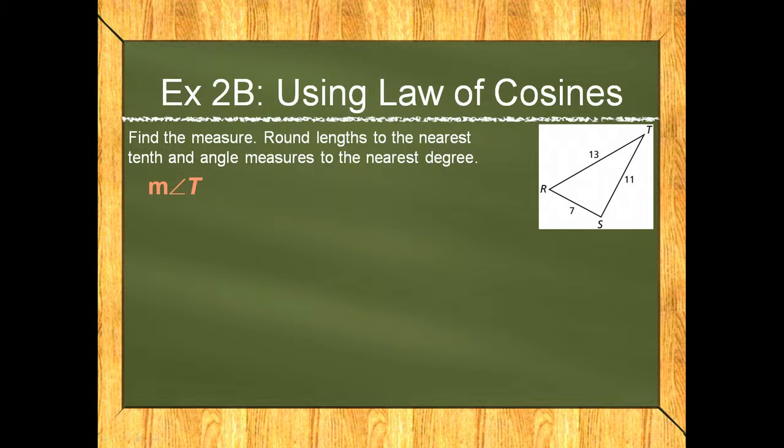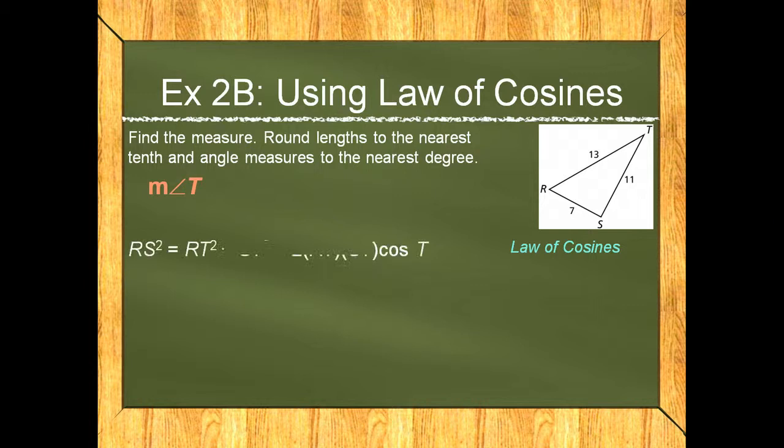Let's look at another one where we're looking for an angle measurement. We've been given 3 sides, but no angles. But we want to find the measure of angle T. So on the left side of our equation, we'll be using RS, since that's the side across.